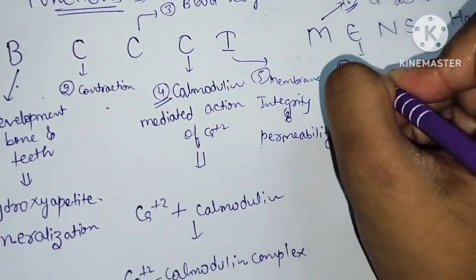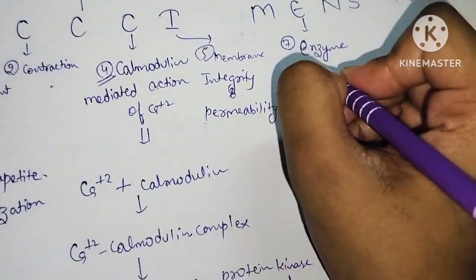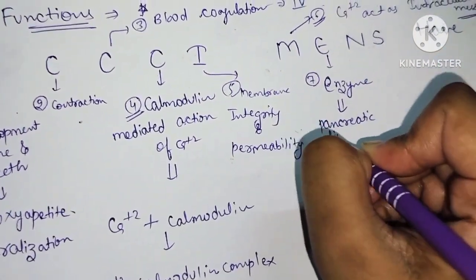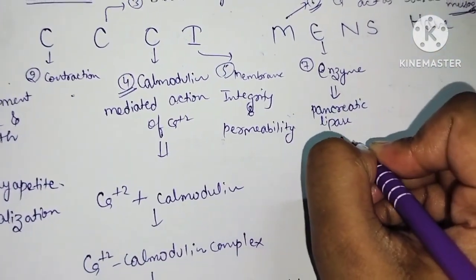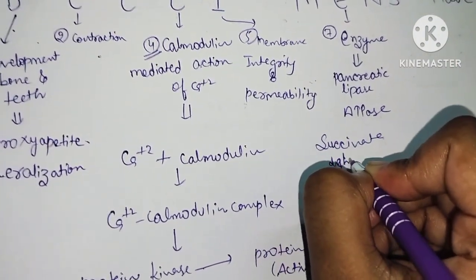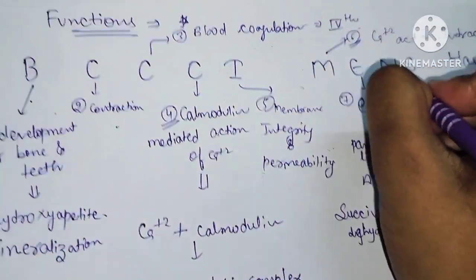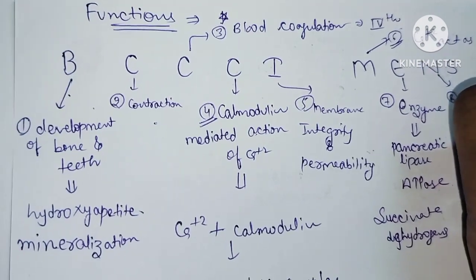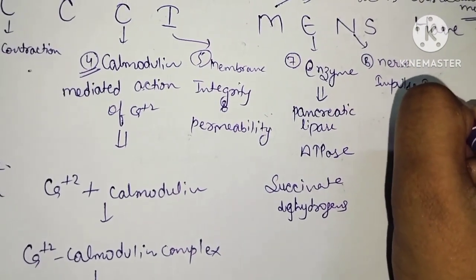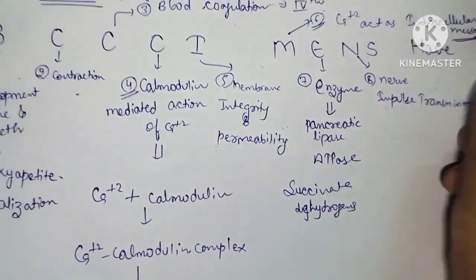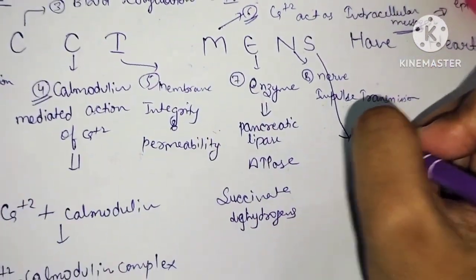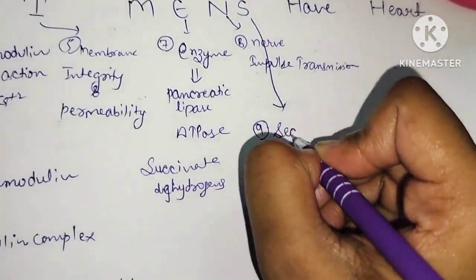Seventh is the activation of certain enzymes. Calcium directly activates certain enzymes like pancreatic lipase, ATPase, and succinate dehydrogenase. And the eighth function, nerve impulse transmission. Calcium plays a role in the transmission of the nerve impulse. Ninth function is the secretory process.